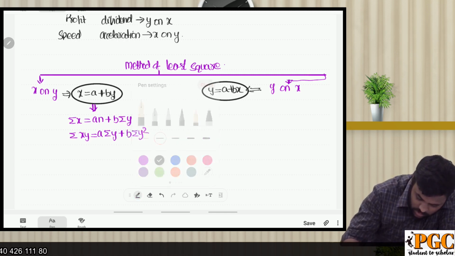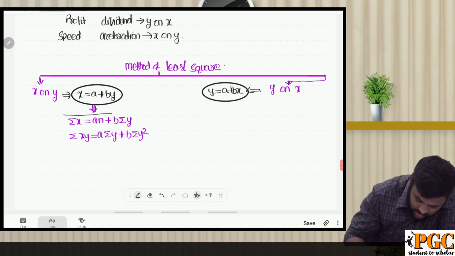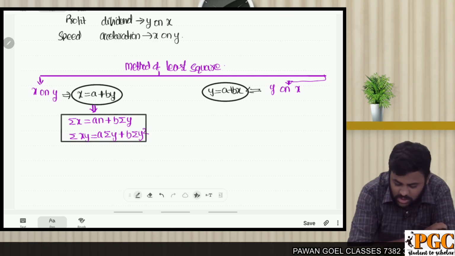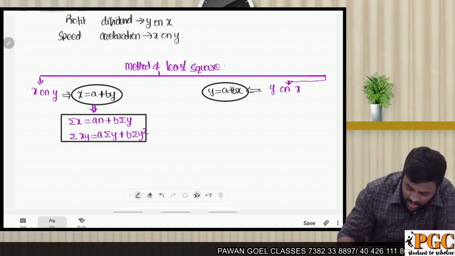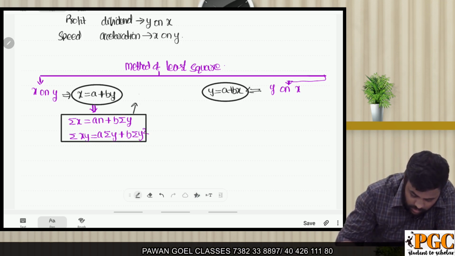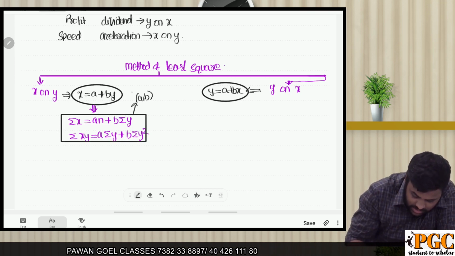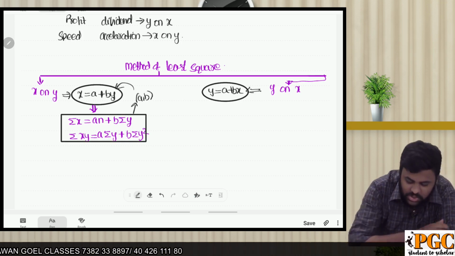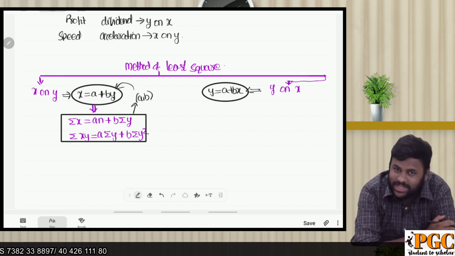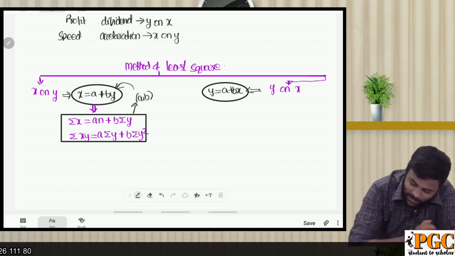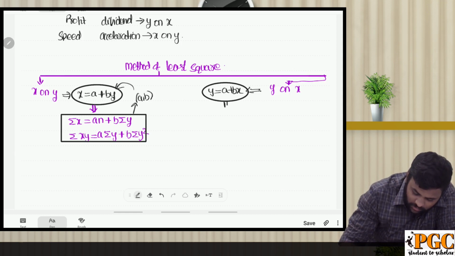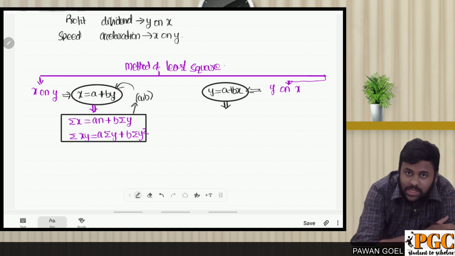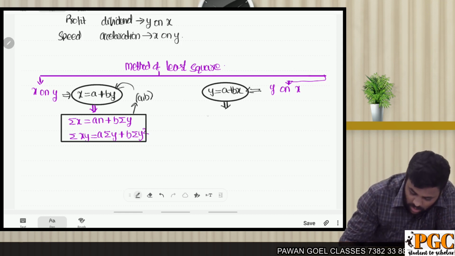You are supposed to solve these two equations in order to get a and b. If you solve these two equations, you get a comma b. This a comma b will be substituted here in order to get x is equal to a plus by.